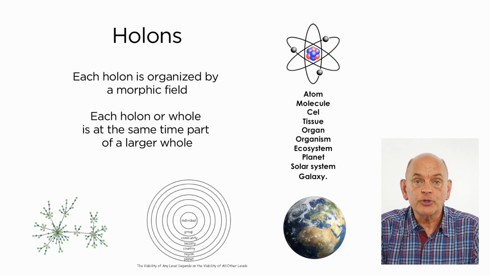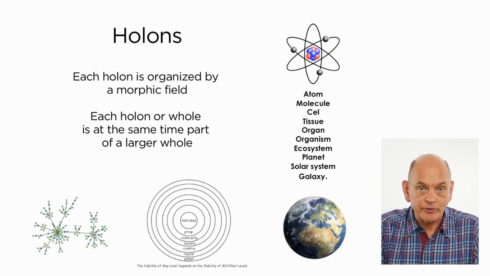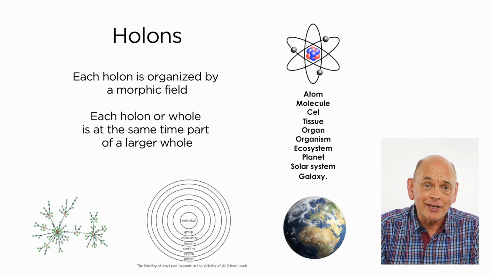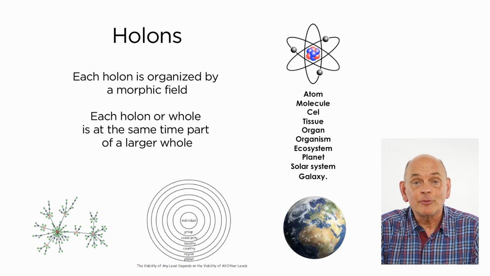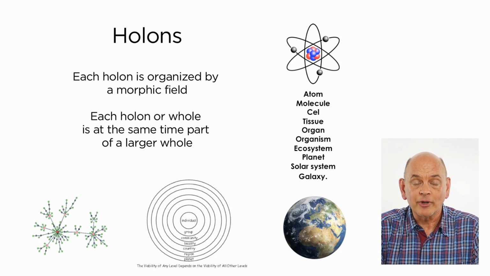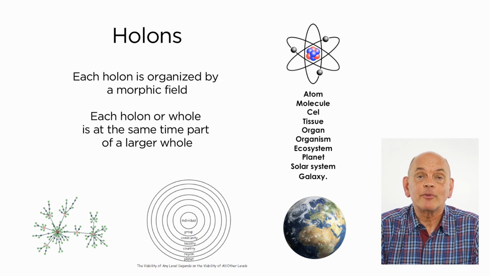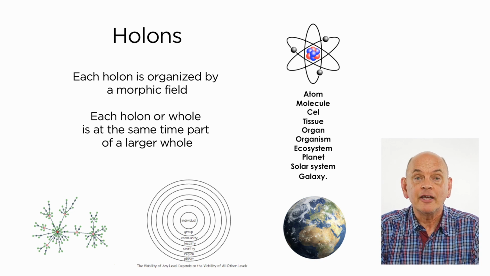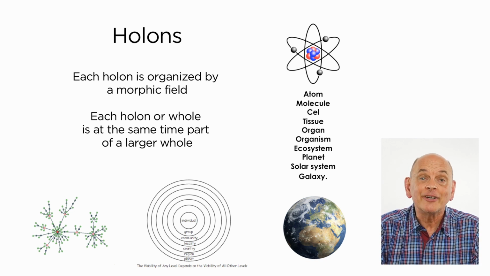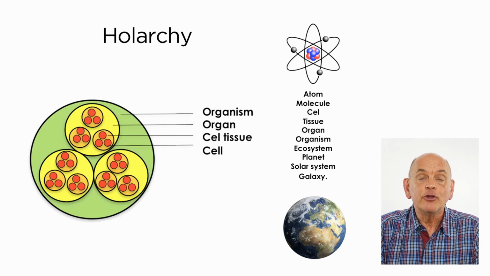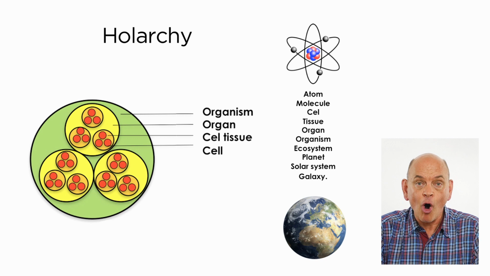And the tissues are organized in organs, the organs in organisms, the organisms in ecosystems, and so on and so on. Each time there's a larger complexity, and each time there's another level in the morphic field, having the scripts for this holon on how to get organized. And those holons are organized in a holarchy.